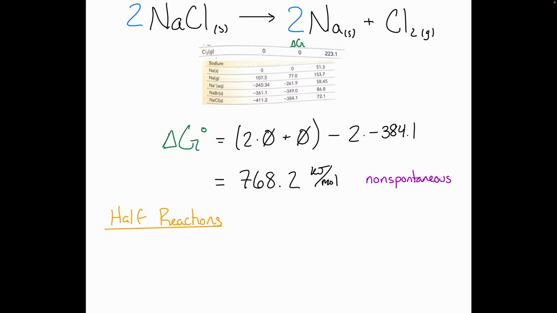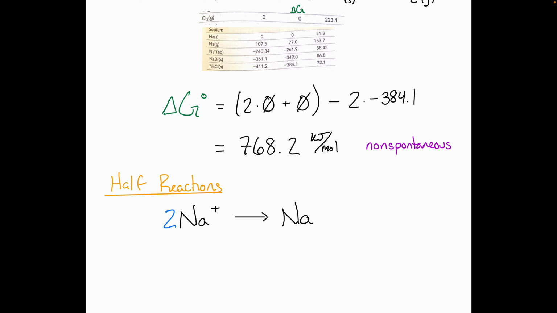All right, so we're going to have to break this up into our 2 sodium ions becoming neutral sodium, and our 2 chloride ions becoming its neutral diatomic chlorine gas.